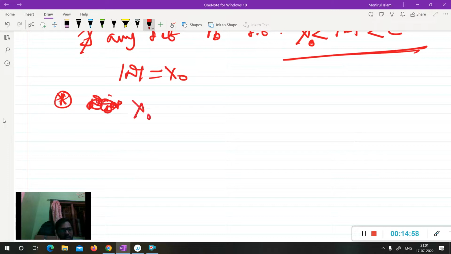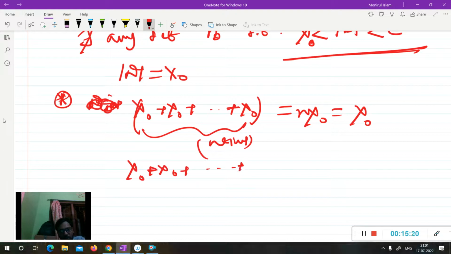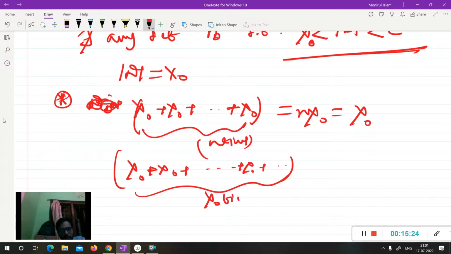Adding aleph naught a finite number of times, n times, gives n times aleph naught, and n times aleph naught equals aleph naught again. Now if you add aleph naught, aleph naught, and so on, countably many times, this gives aleph naught times aleph naught, which is again aleph naught, so it is also countable.